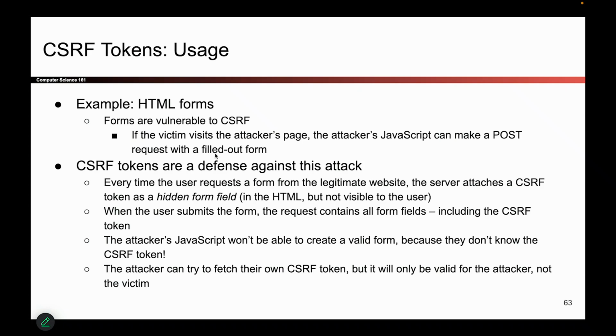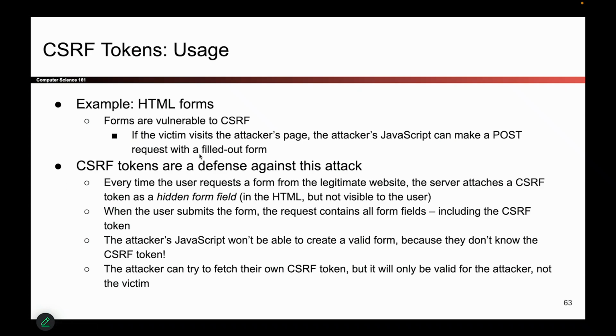Now, CSRF tokens will stop this by saying it's not enough to just send the form with the cookie, because anyone can trick a user into making that request. They just fill out the form, the user automatically attaches the cookie, and the user has been tricked into making a request that looks valid.